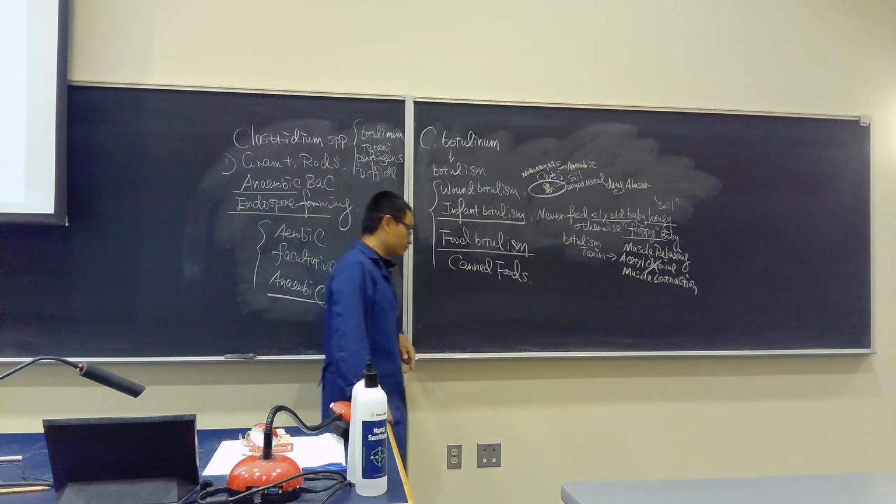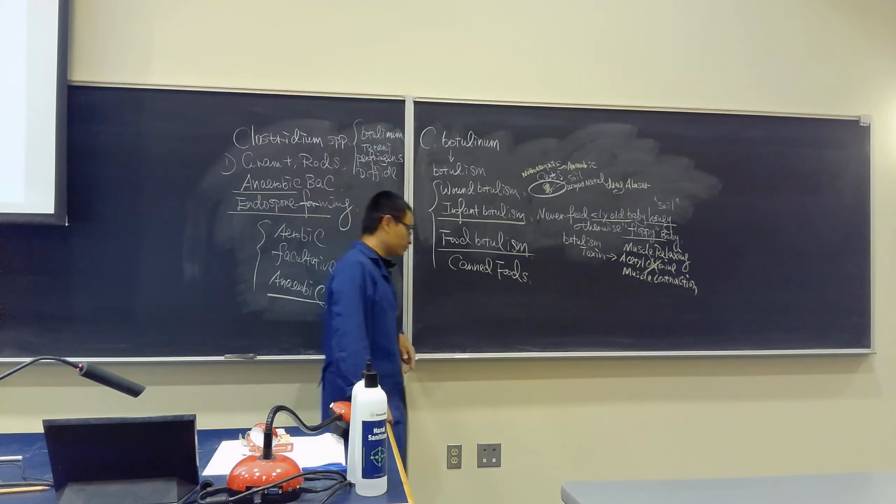What are the typical characteristics of low acid food? pH around 4.6, water activity about 0.85. This gives you a very favorable environment for endospores to grow. So we want to talk about that.